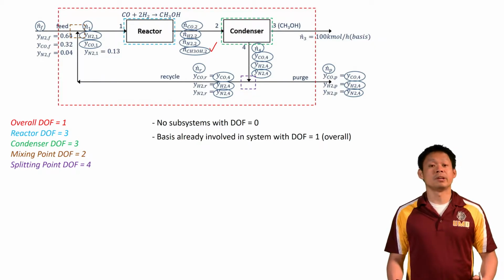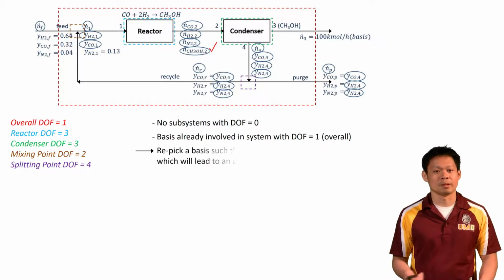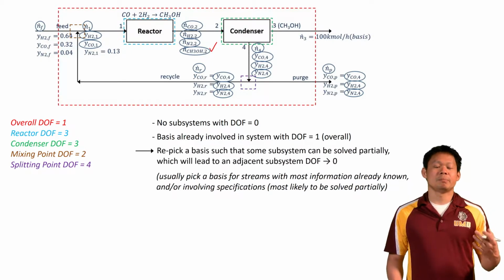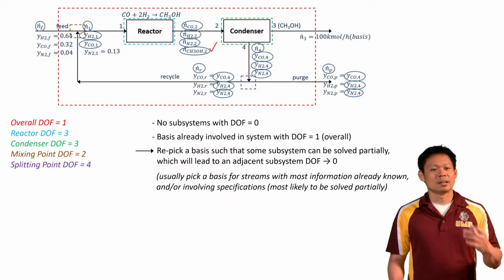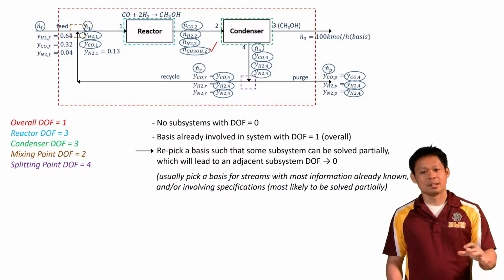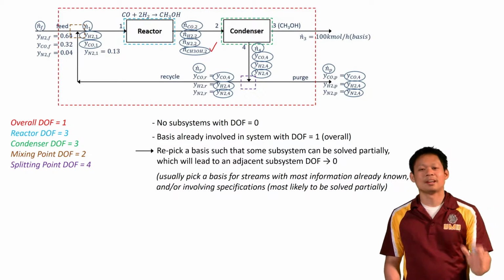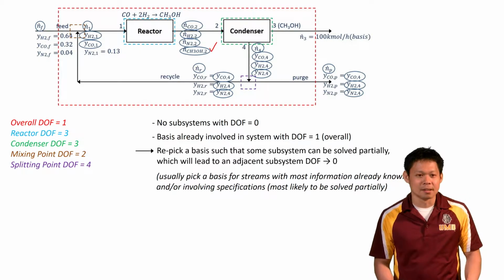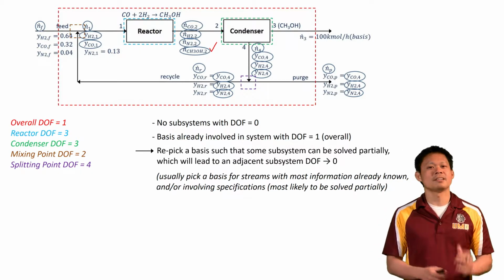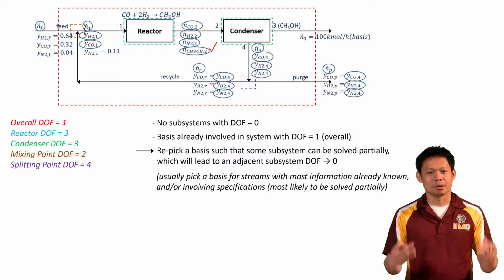So this is where we have to get really creative and look at it from both of these ways we talked about. We need to repick a basis that will allow us to solve some system partially, and that will allow one of the systems to drop to 0. In this case, it's all about looking at the system and thinking about what's going on.